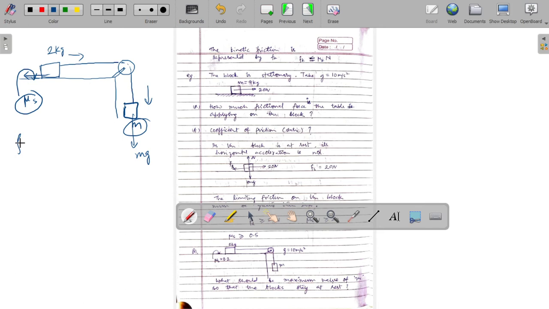What is the maximum value of friction available to us? The maximum value, fs maximum, is mu s n, the limiting friction. We know mu s is 0.2. The normal force is 2 kg into 10, that is 20 newtons.